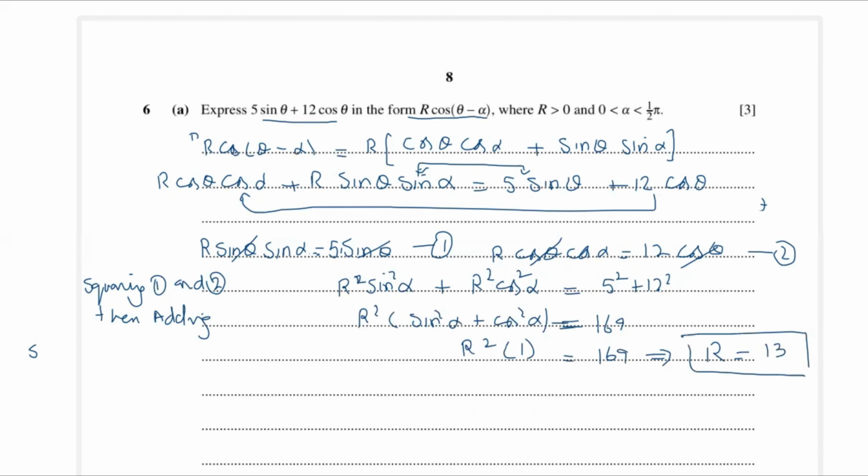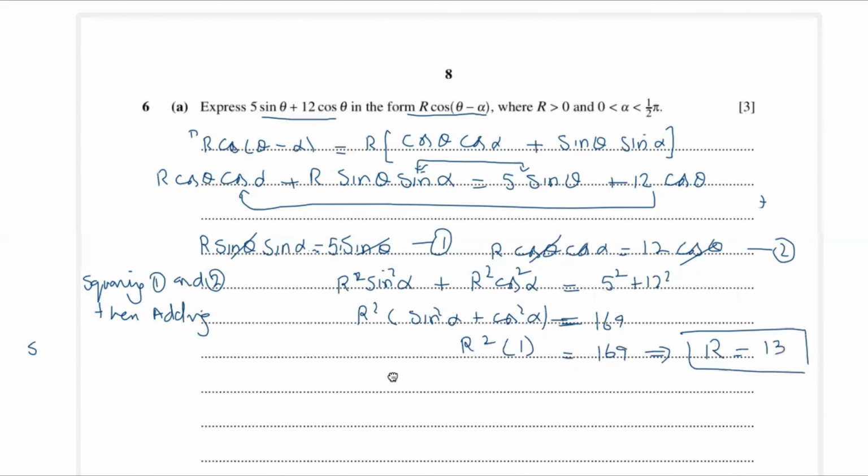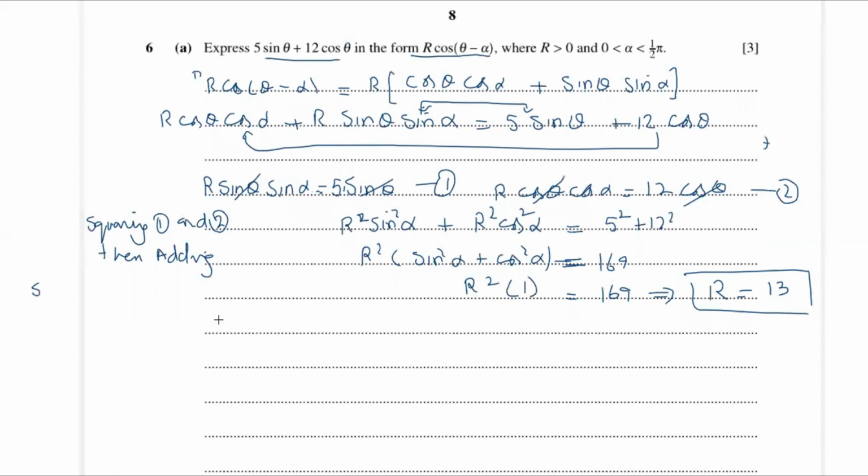R will be equal to 13, and the angle alpha we can find by dividing equation 1 by 2. We get r sine alpha over r cos alpha equal to 5 over 12.